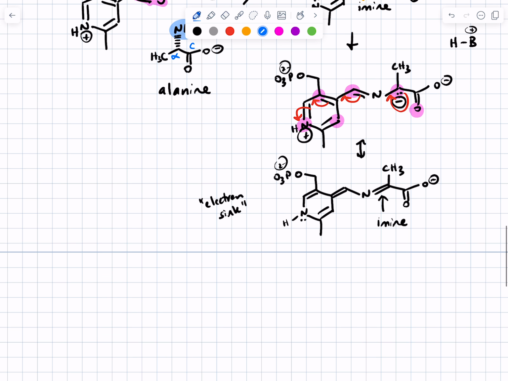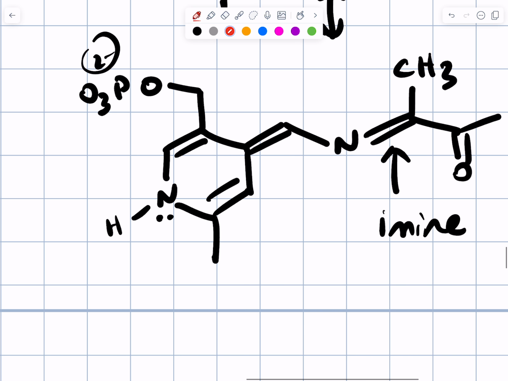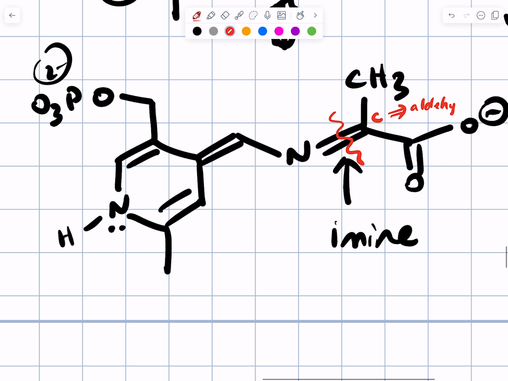So at this stage, what we can do is hydrolyze that imine, and remember, when we hydrolyze an imine, this carbon becomes an aldehyde, and this becomes an amino group.